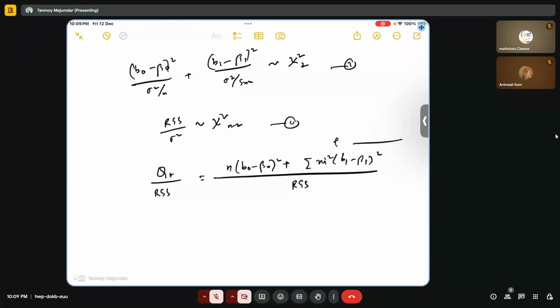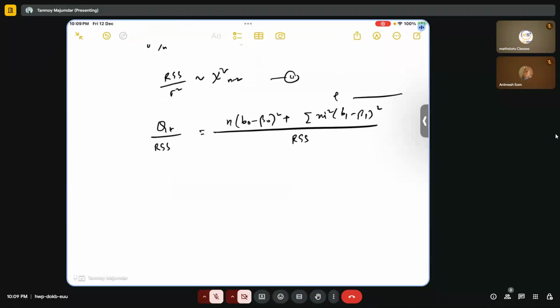You can derive that, but we do not require it, it has never come so far. But since sometimes a question can come from anywhere, that is why we should acknowledge it. So QT by RSS will follow an F distribution.